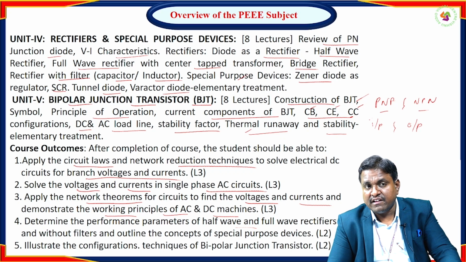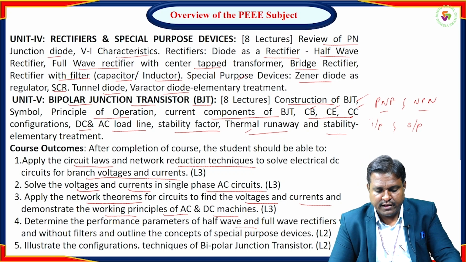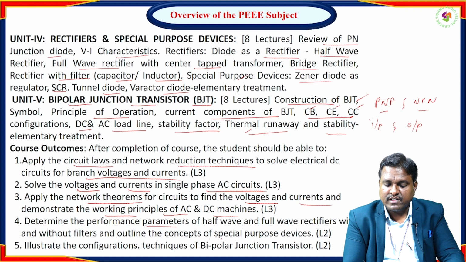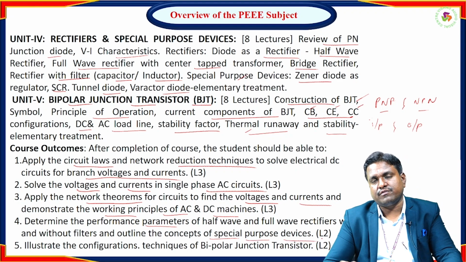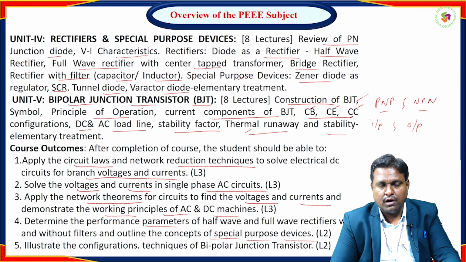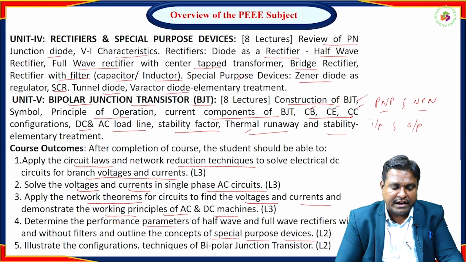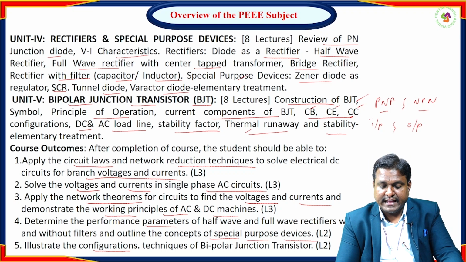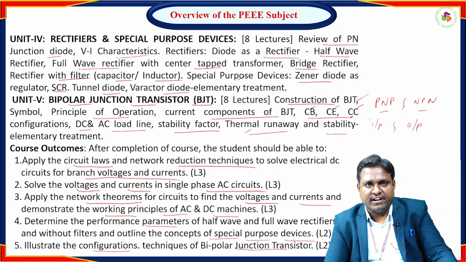And what is its application with and without filter, how it is going to differ. These are the outline of the concepts they are going to learn. And they are going to learn about the special purpose diodes, like we have seen the Zener diode, tunnel diode, varactor diode, how they perform. And finally, the transistors of various configurations and the techniques in the case of BJT.